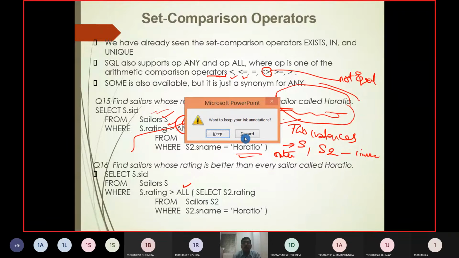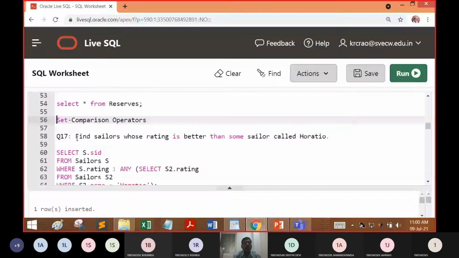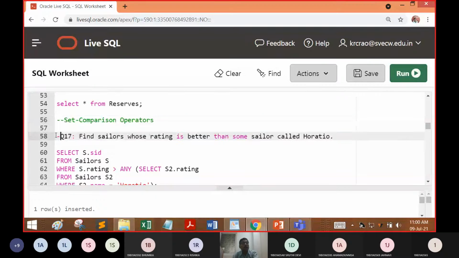So for this, we will move to the live SQL part. Then we will put the same query here: who is better than some sailor.